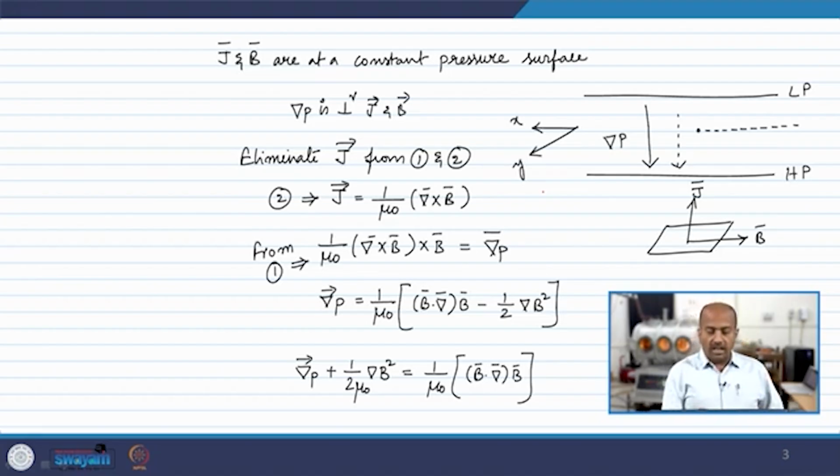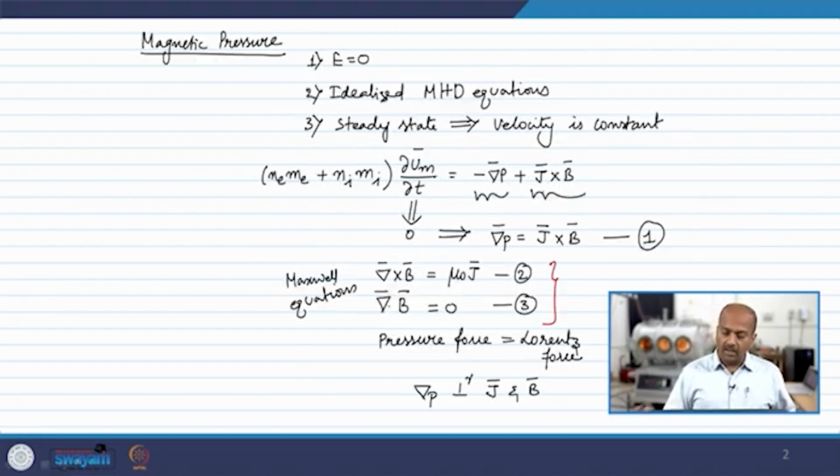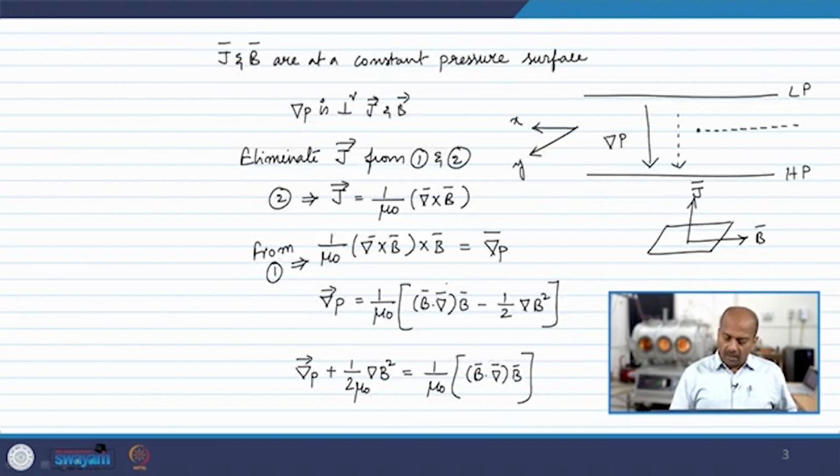So, doing a little algebra, we eliminated the current density from equation 1, which is the idealized MHD equation, and the Maxwell equation. And then what we realized is that we wrote del P, the gradient in the pressure, to be equal to 1 by mu naught of this vector triple product.